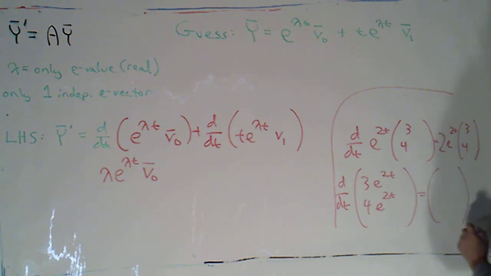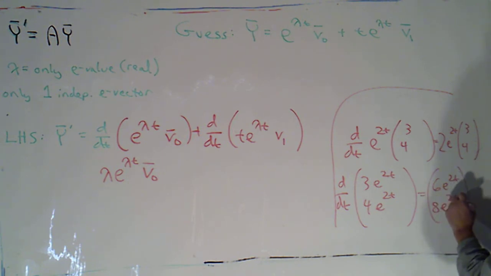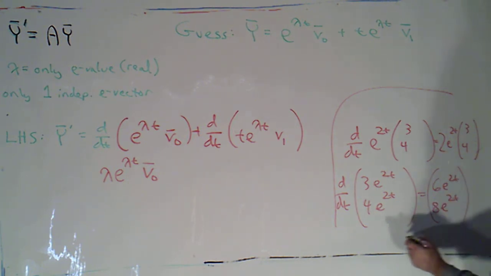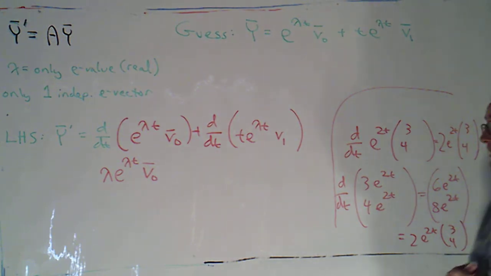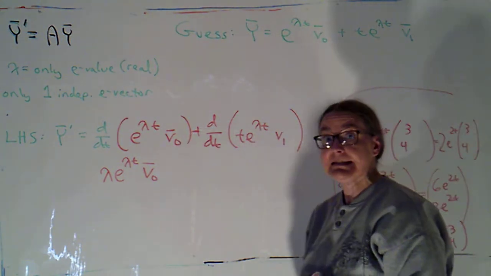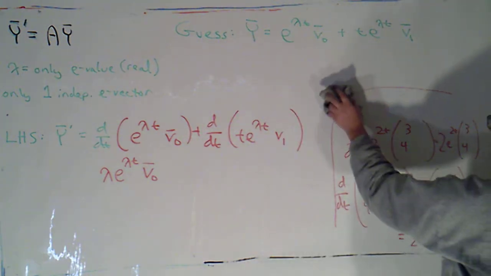When I take the derivative component-wise, I get 6 copies of e to the 2t, 8 copies of e to the 2t. And notice, that's equivalent to factoring out a 2e to the 2t, times 3, 4. So that does work. If my vector doesn't have any t's in it, I can just treat it as a constant and use the constant multiple rule.